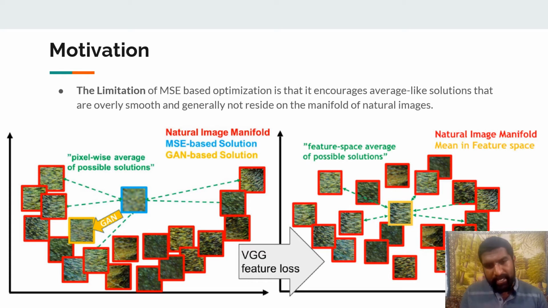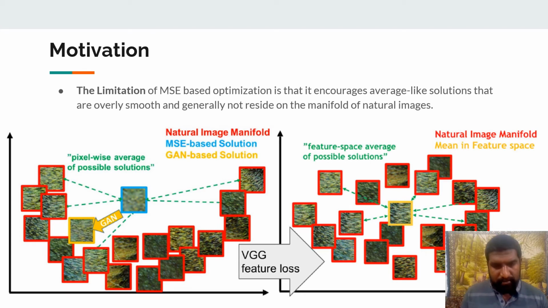So when we apply it using a VGG feature loss, where VGG is another neural network architecture, there are different VGG networks such as VGG16, VGG19 and VGG54, and this research team tested all of those, and what they selected for this SRGAN is VGG54.